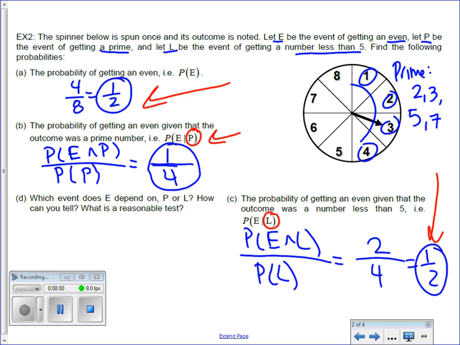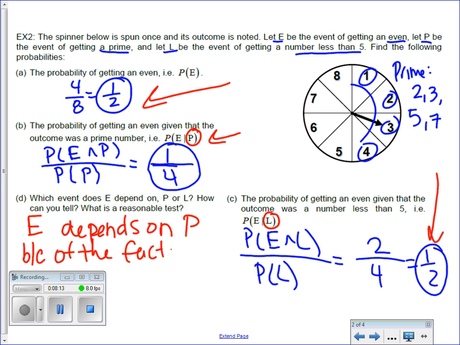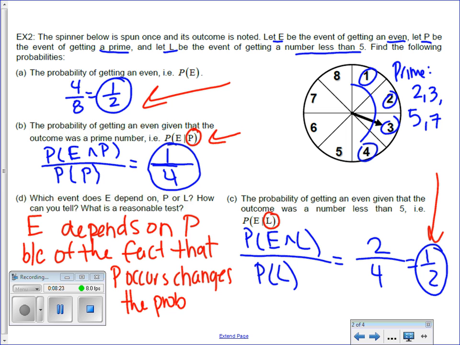So it appears that E depends on P, because of the fact that P occurs changes the probability of E. Whereas when L occurred in part C, it did not change the probability. Okay. I believe we have one more question to do. So let's keep going.